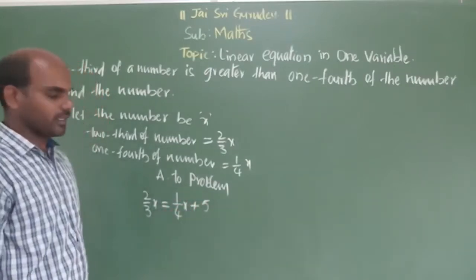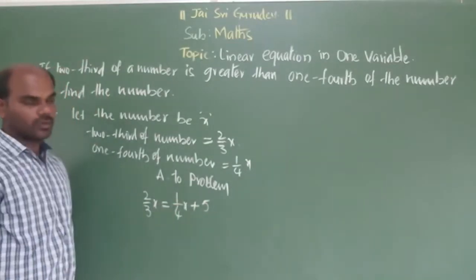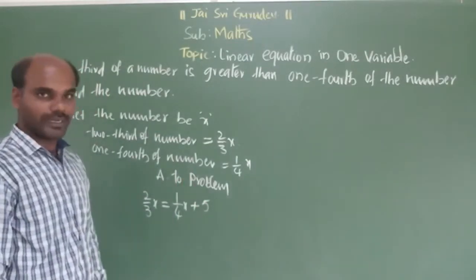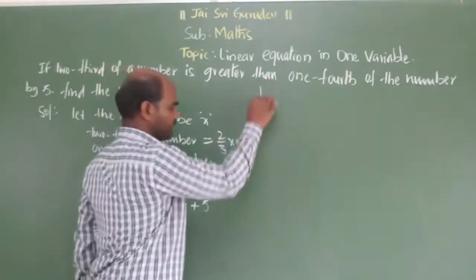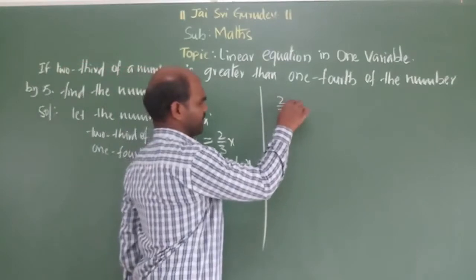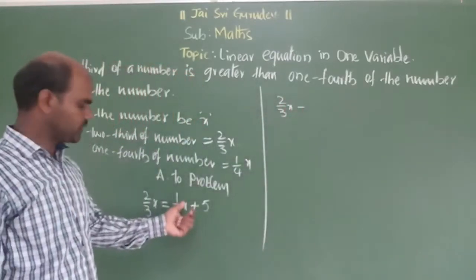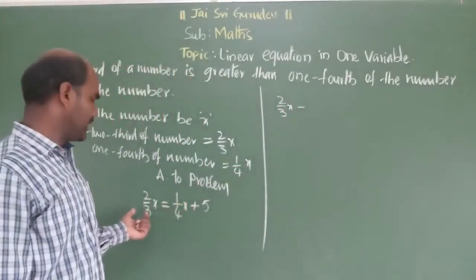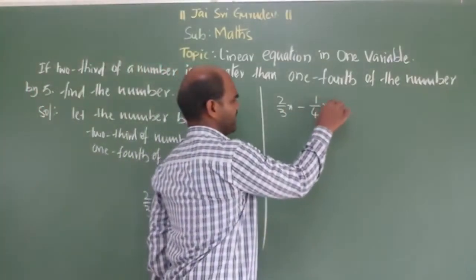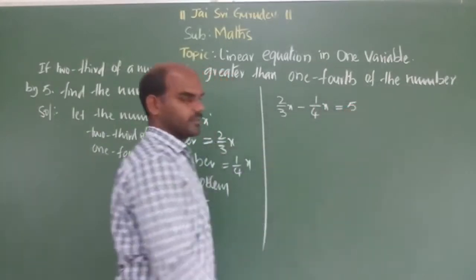Then x terms we have to take to one side and constants to the other side, and afterwards we take the LCM. So based on this condition, 2 by 3x minus 1/4x is equal to 5.